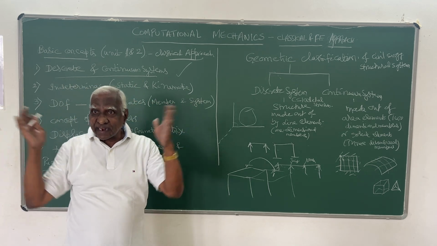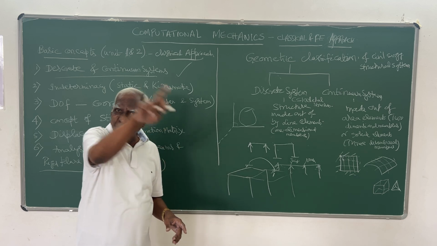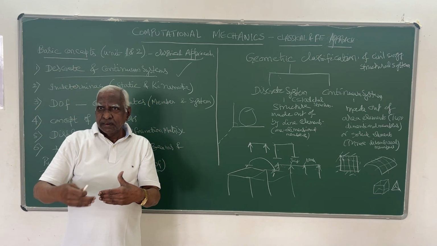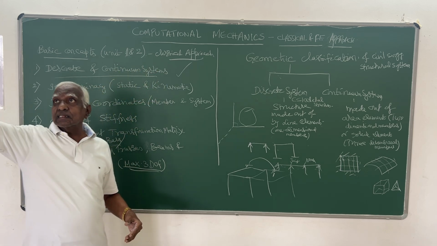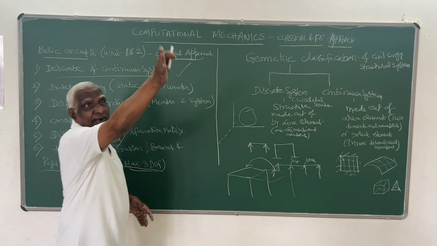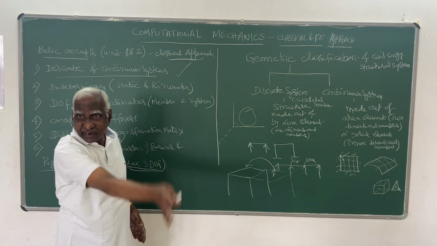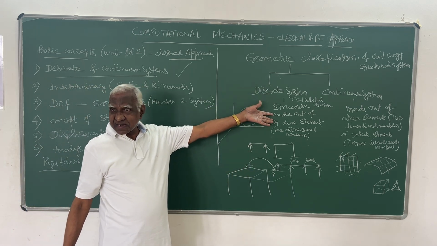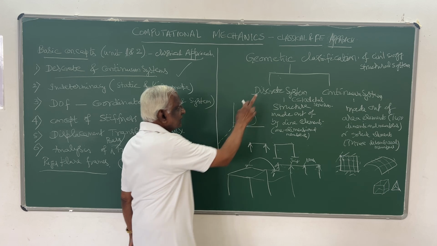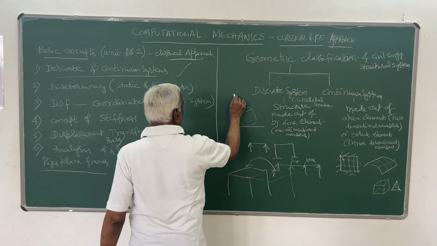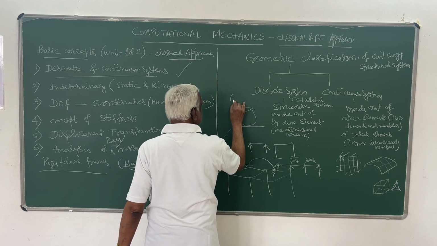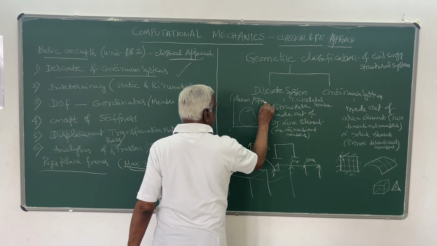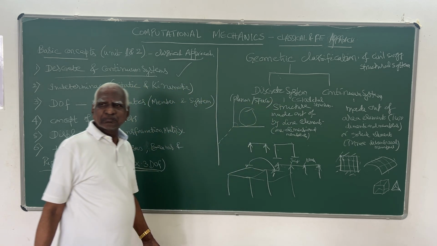So this network of all one-dimensional elements is not necessarily lying in one plane, but in different planes. This lies in this plane and that lies in the other plane, right? Then it is called space structure. So this discrete system, you can again further classify as planar structure or space structure.